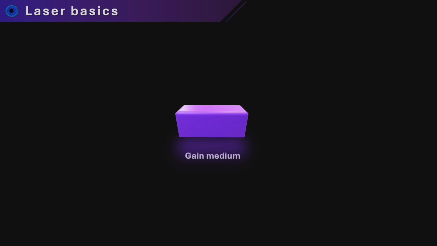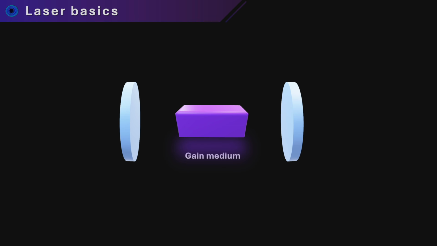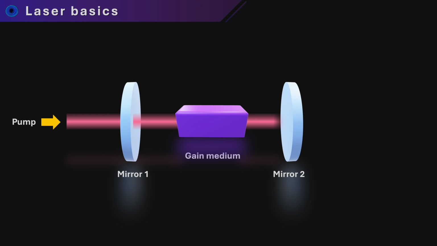On top of that, you need feedback. Typically, this is achieved with two mirrors, one fully reflective, one partially reflective, to bounce light back and forth. Now add in pumping to excite the gain medium, and once you cross the stimulated emission threshold, you get a laser output. That's the generic laser.